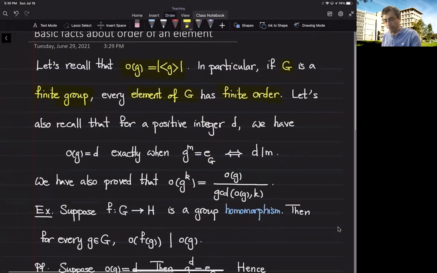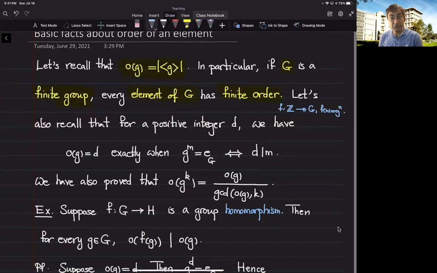Now, the way that we defined the order was by using the homomorphism from the group of integers to the group G, which sends n to g to the power n, and then we looked at the kernel of this group homomorphism.